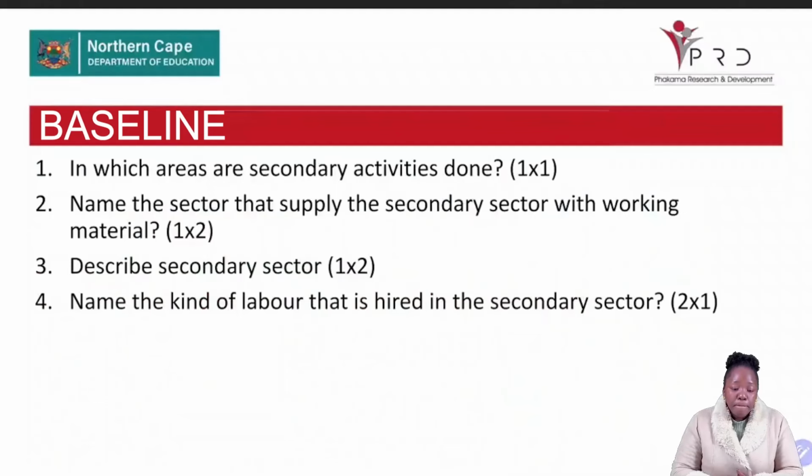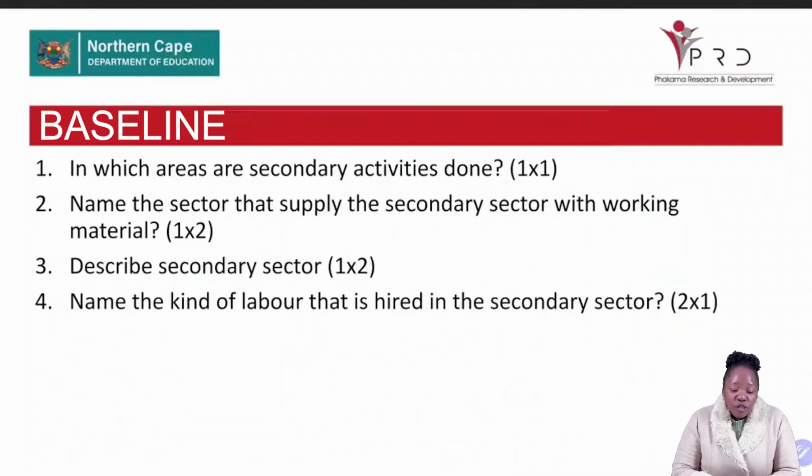it again. So looking at the questions that are based on our pre-knowledge baseline, the first question you need to give, in which areas are the secondary activities done? For 1 mark. Then second question, you name the sector that supplies the secondary sector with the working material, for 2 marks, just to name that sector.